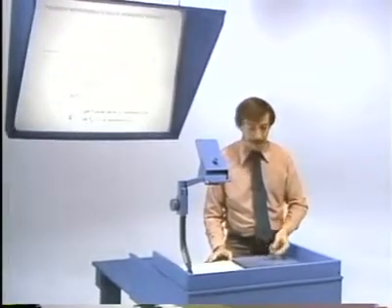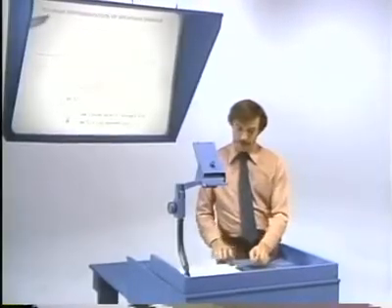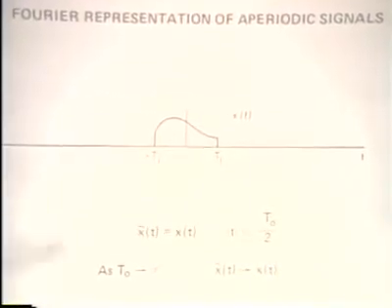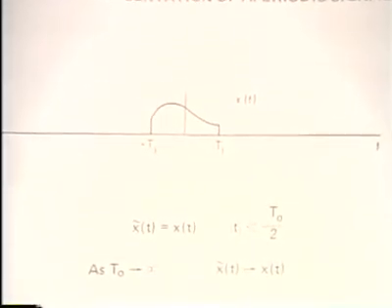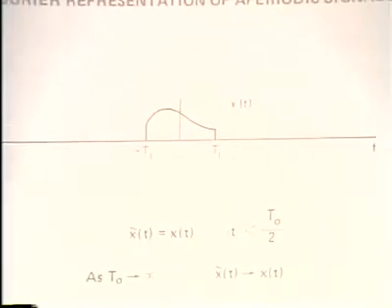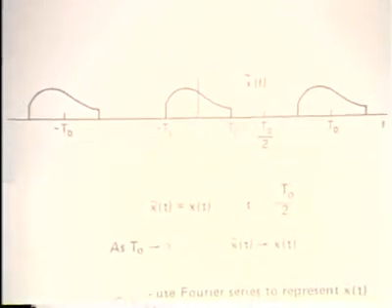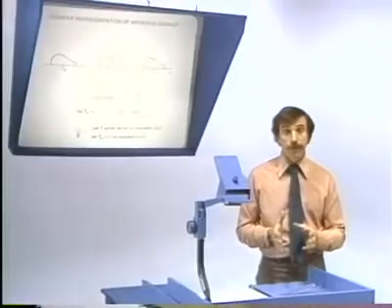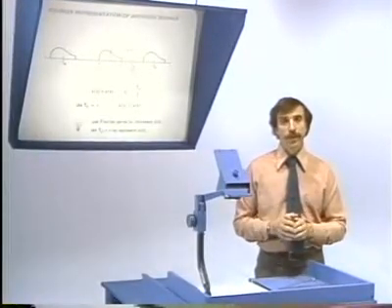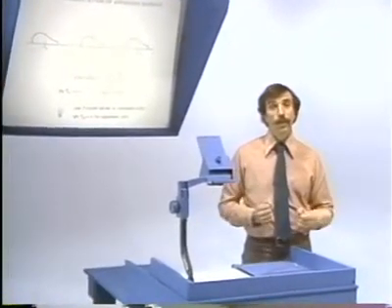The basic strategy with an aperiodic signal is to think of representing this aperiodic signal as a linear combination of complex exponentials by the simple trick of periodically replicating this signal, generating a periodic signal using a Fourier series representation for that periodic signal, and then simply letting the period go to infinity.